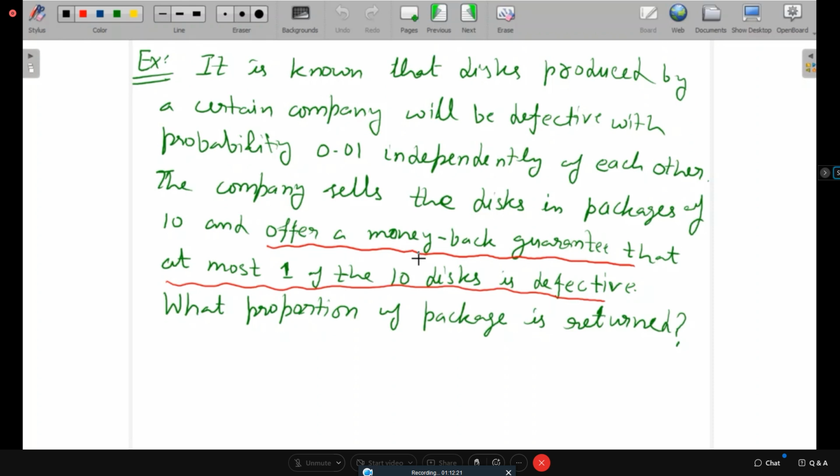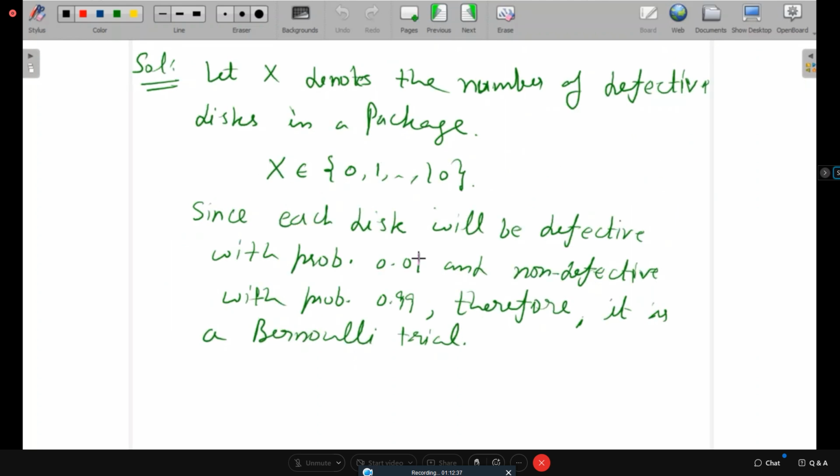What proportion of packages is returned? So you have all the information. I have tried to model it in a certain scenario and I hope you get it.